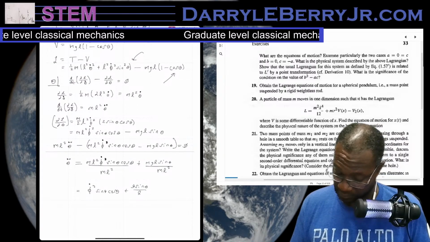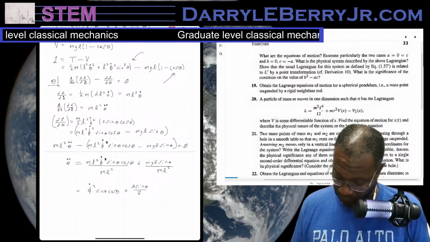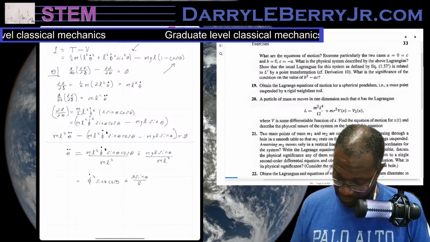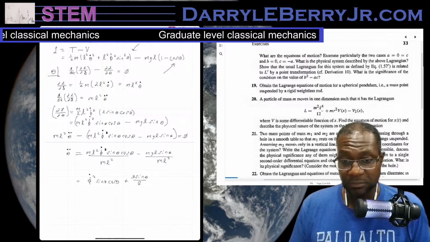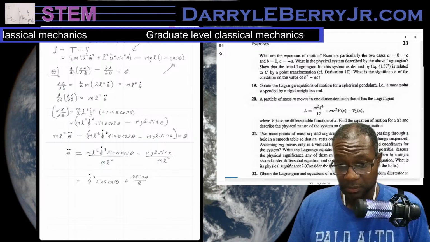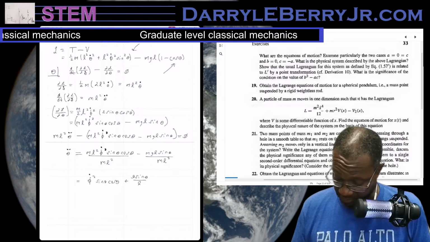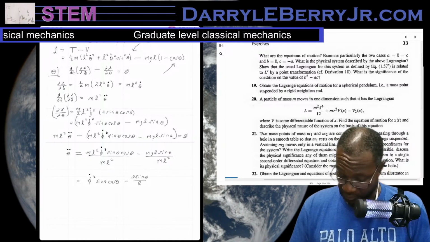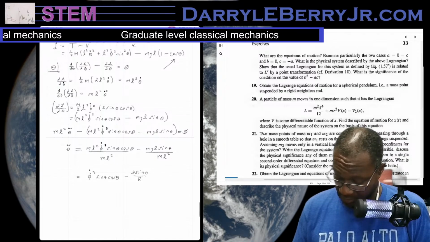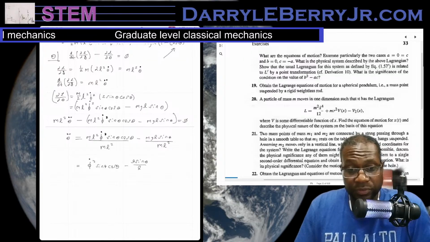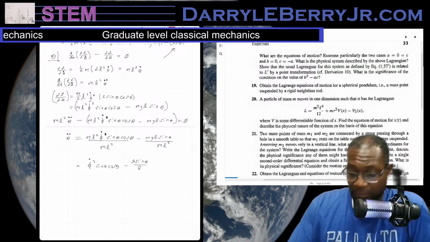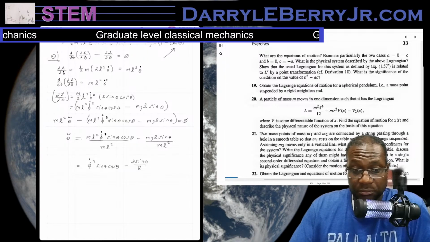That's what I missed. Bring it to the other side. This does have a negative on it. Right, you have to watch out for these negatives. g over L sine theta is going to be negative, and phi dot squared over 2 sine 2 theta. Let's use an identity. I'll just keep it the way it is. All right, so there's one equation of motion.